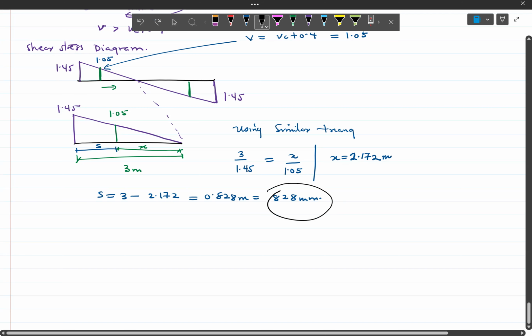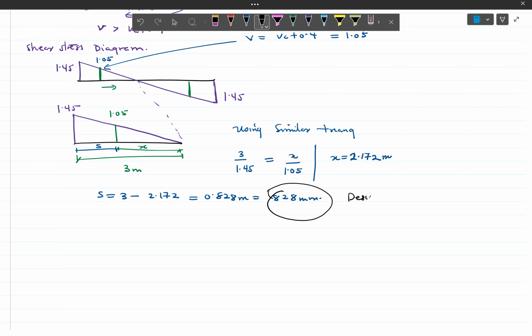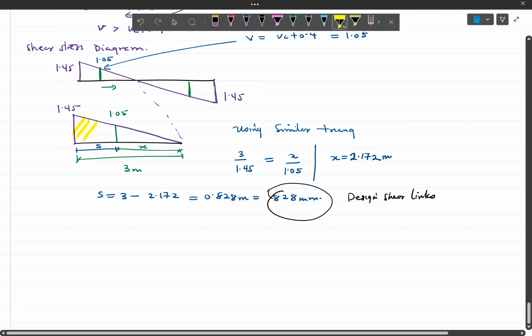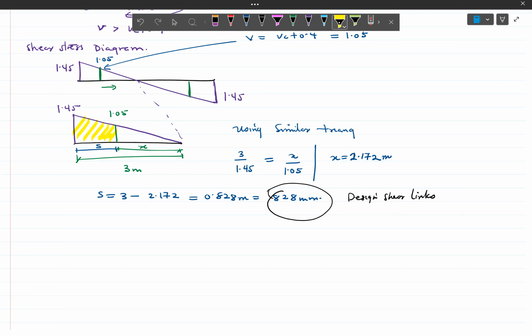So this distance here is where we design the shear links. Okay. So that will be this zone right here. So that'll be this zone over here. Okay. Then the zone on the right will be for the nominal. Okay. So let's find how many rebars we need for that zone.